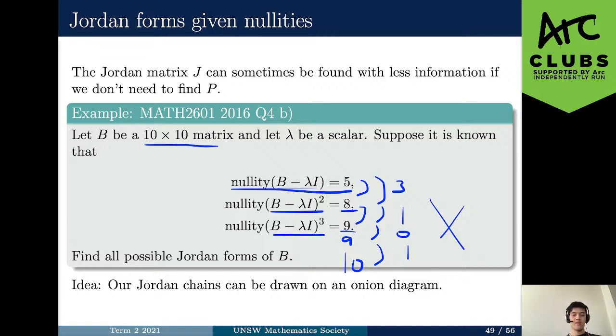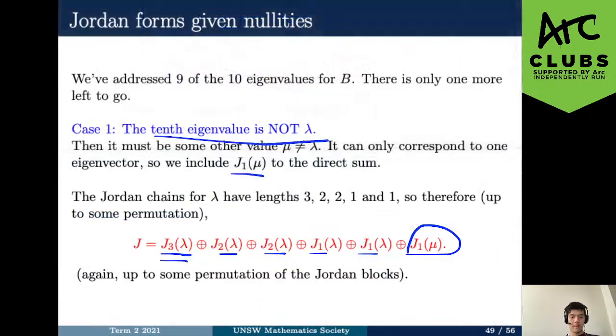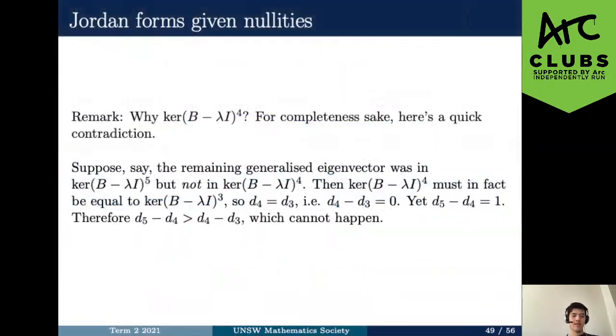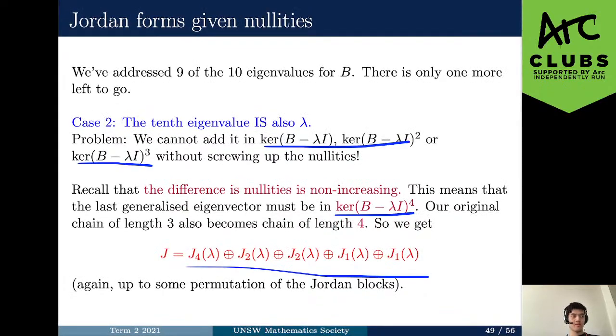That's not allowed. The differences are non-increasing. It can't increase from 0 to 1. So that means that if we have another generalized eigenvector with eigenvalue lambda, it needs to exist in the kernel of B minus lambda I to the 4. So this is the only other case. We can't have any other example.